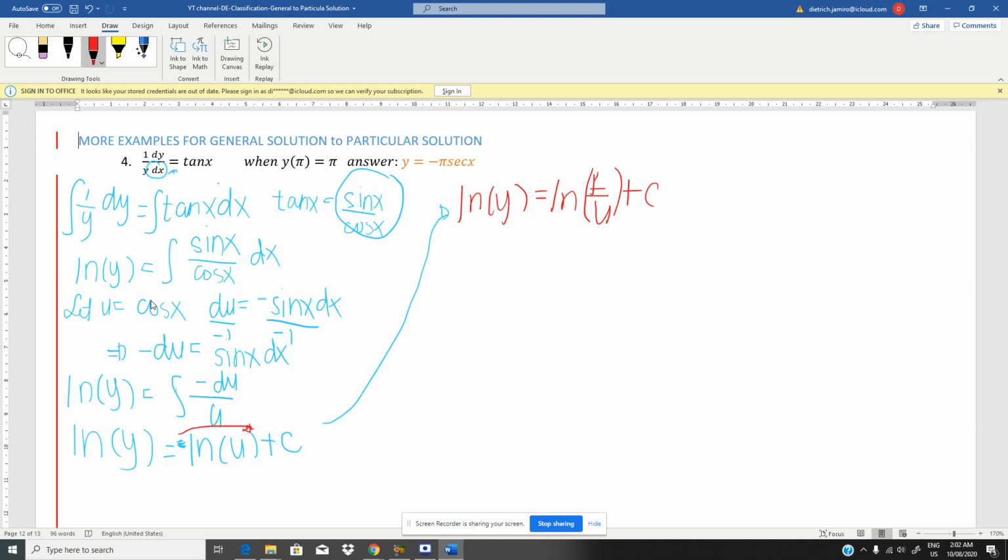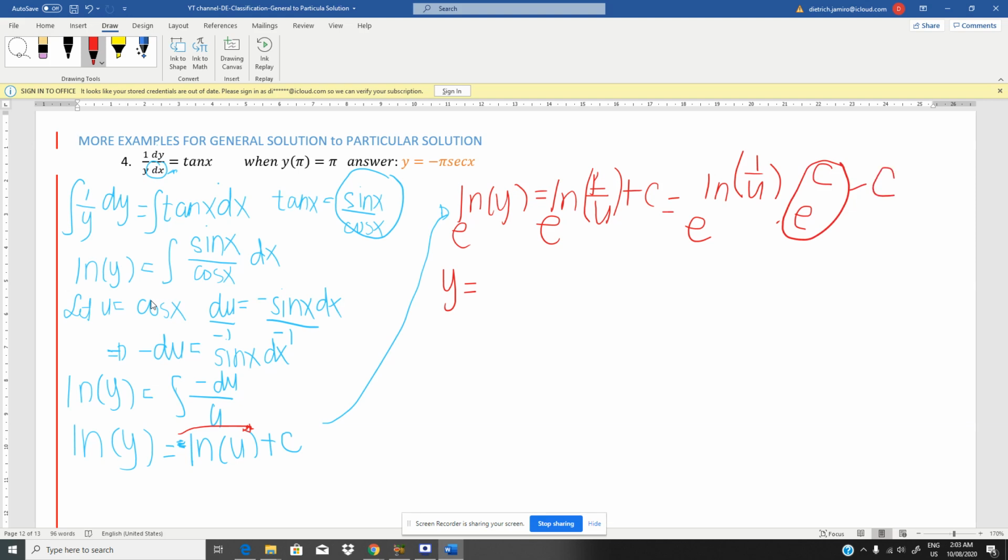And then, I'll take the exponential of both sides. So we will have y is equal to e to the ln of 1 over u plus c. This is also equivalent to the exponential of ln of 1 over u times the exponential of c. As we know, e raised to c is equivalent also to c.